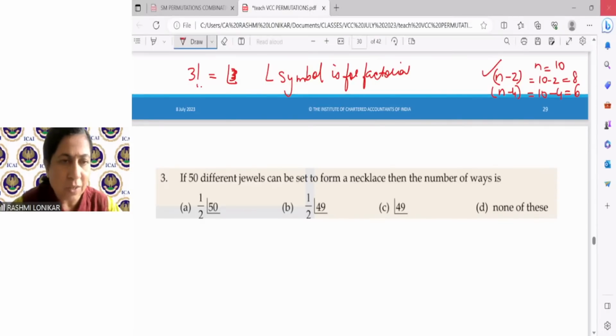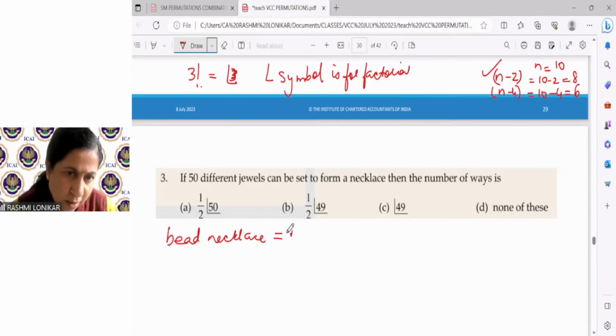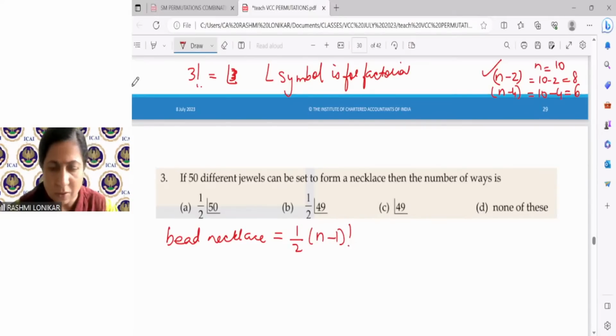Okay, now here, 50 different jewels can be set in the form of a necklace, then the number of ways will be how much? So you know that for a bead necklace, the number of ways is 1/2 into (n minus 1) factorial. Here they just want to see whether or not you know the formula.